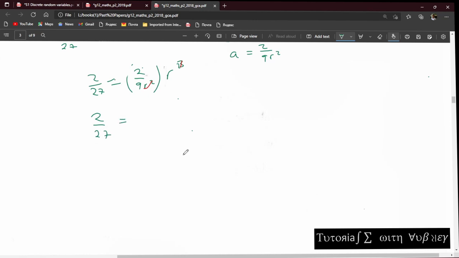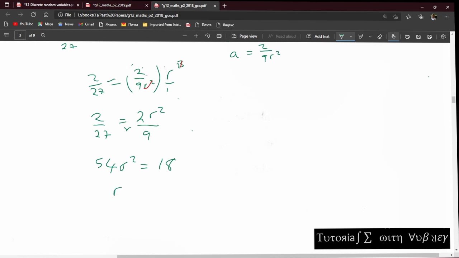After cancelling, we remain with 2 over 27 being equal to 2r over 9. When a number has no denominator, we know that the number is over 1. So we're multiplying 2 and r, so it will be 2r divided by 9 times 1, which is just 9. And here we cross multiply: 2 times 9 equals 27 times 2r, so 54r equals 2 times 9, which is 18.